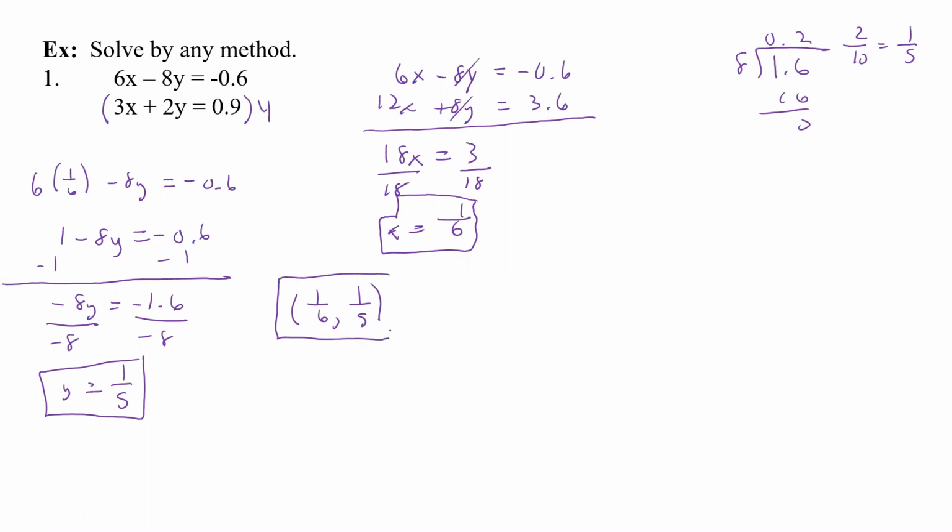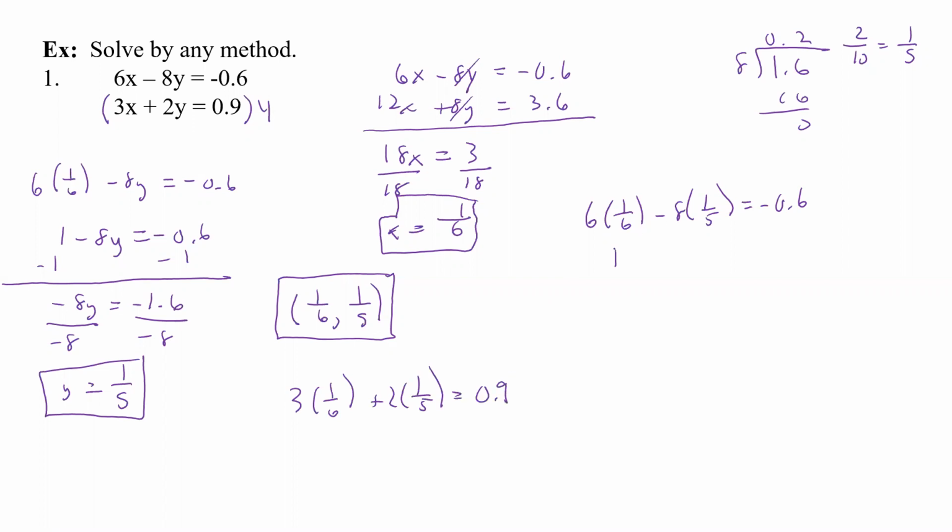And so now I have to check to see, is that really true? Well, 6 times x, which is 1 over 6, minus 8 times 1 over 5, is going to be equal to negative 0.6. And on the other one, I'm saying 3 times 1 over 6 plus 2 times 1 over 5 is equal to 0.9.